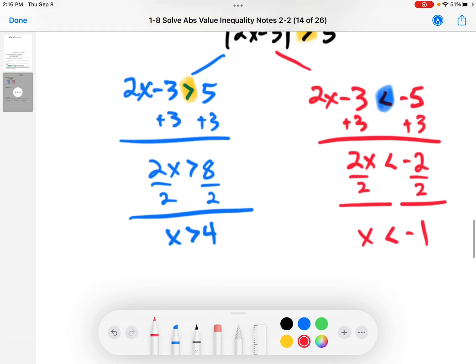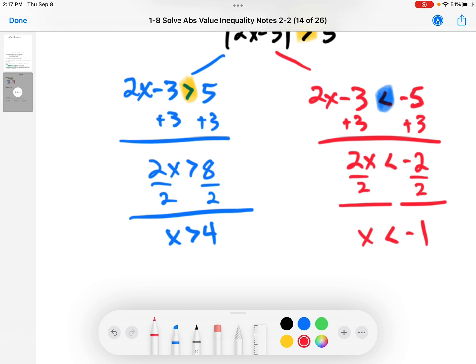Now, look at our two answers. Our two solutions: x is greater than 4 and x is less than negative 1. I want you to think about those two groups of numbers and just pick an example. Pick a number that fits into this blue inequality right here.